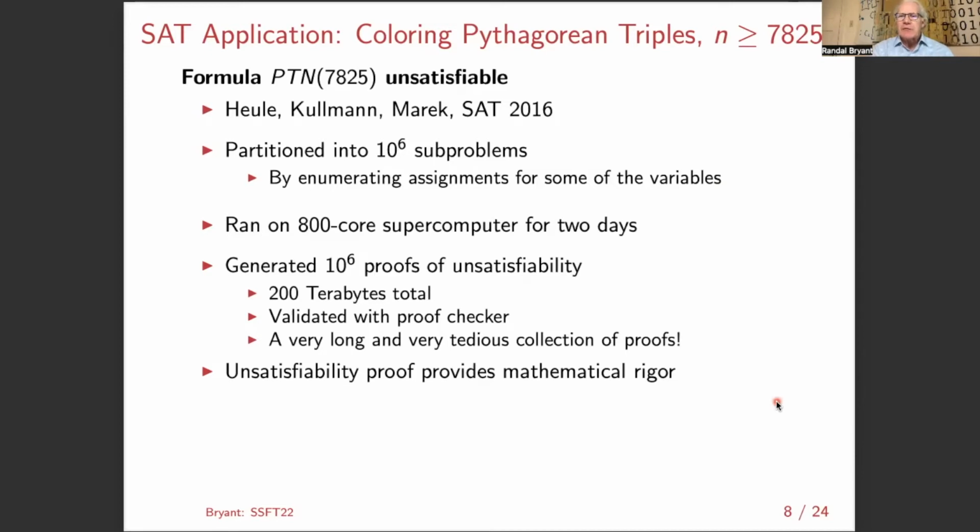But by then checking all 1 million of those proofs and combining all that information together, we can claim that we have mathematically proved that this coloring problem is a bounded case. In other words, 7825 is the cutoff between what can be colored and what cannot be colored.